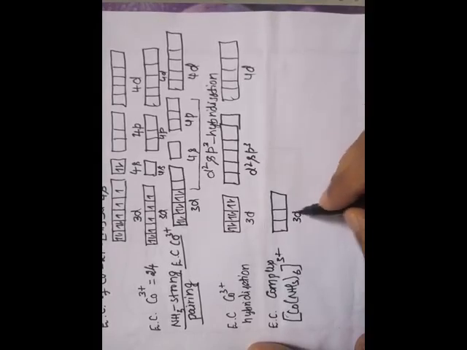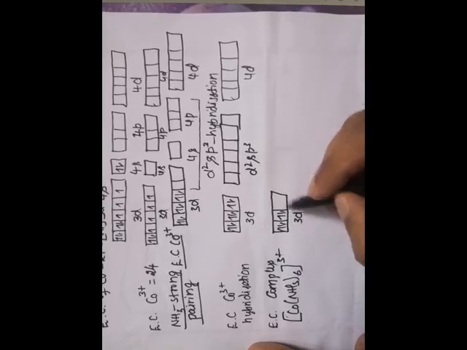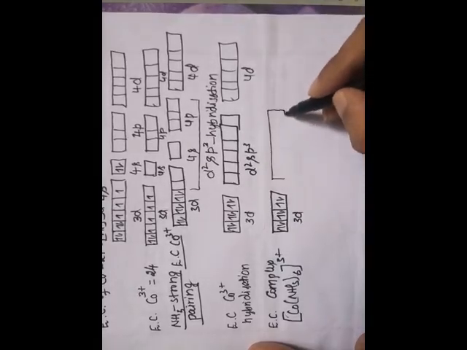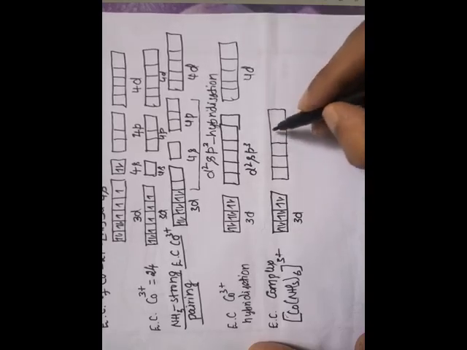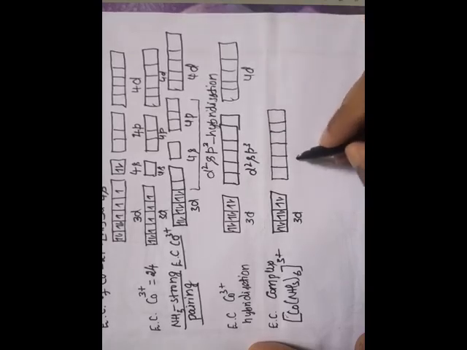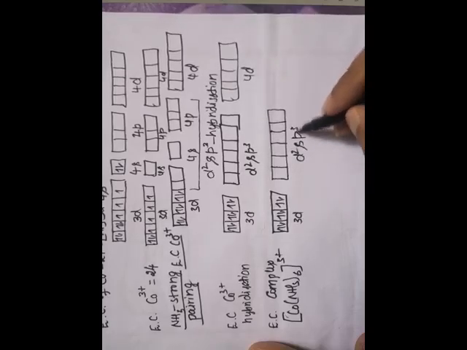This is the 3d orbital, where 6 electrons are already present. Let us write the 6 hybrid orbitals. These are the d2sp3 hybrid orbitals.